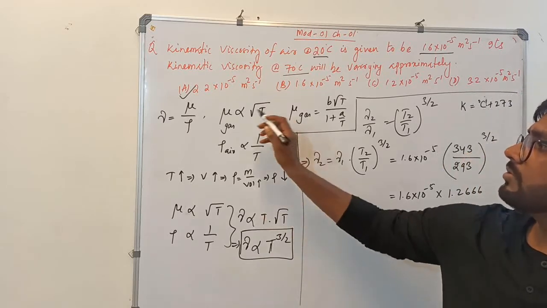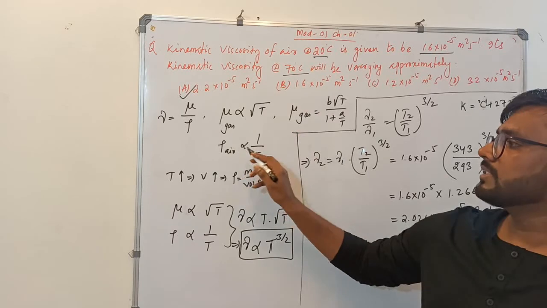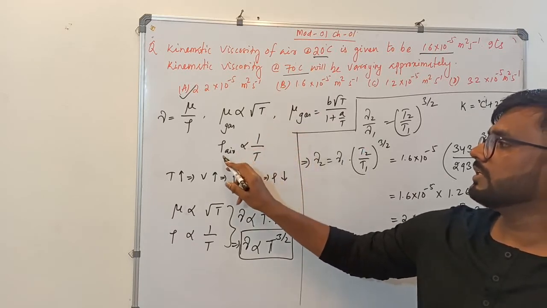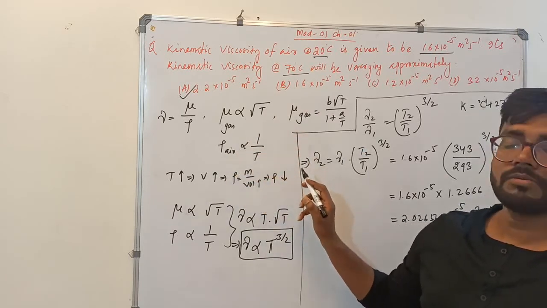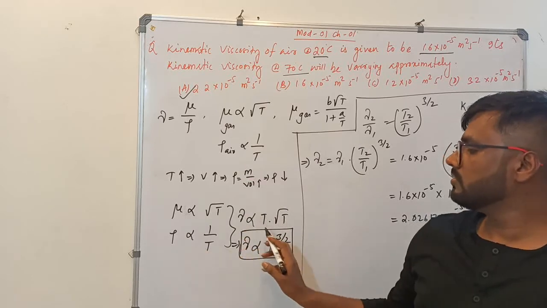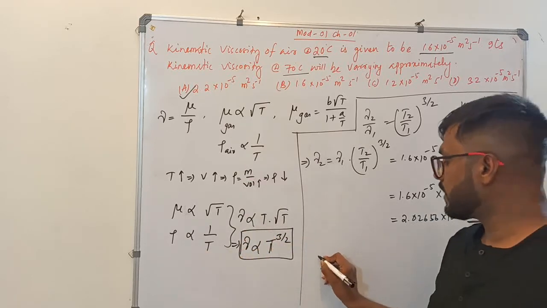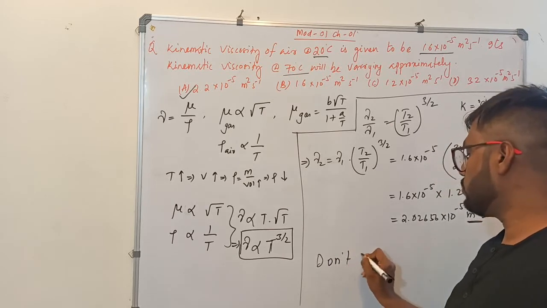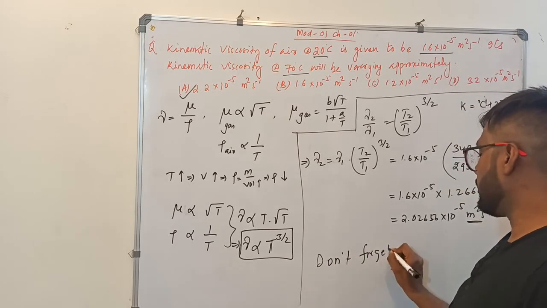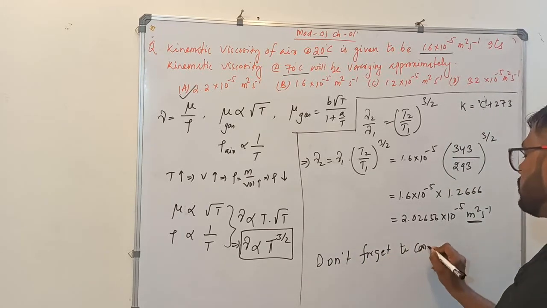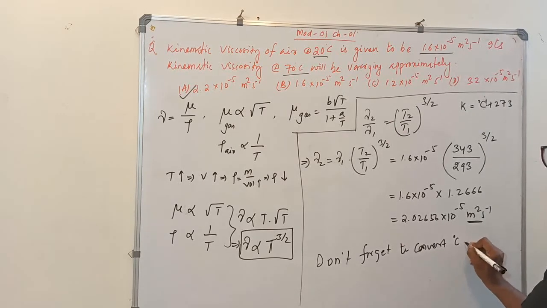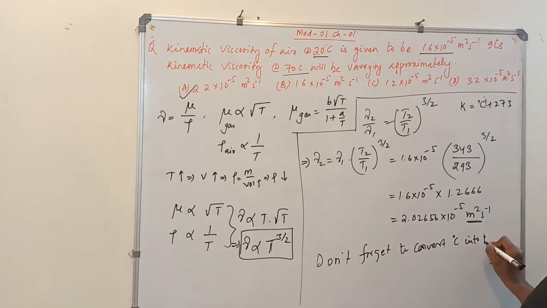You understood, right? Mu is directly proportional to root of T, rho is inversely proportional to T, so you got nu proportional to T to the power 3 by 2. Don't forget to convert degree Celsius into Kelvin.